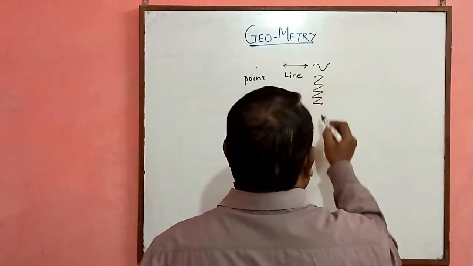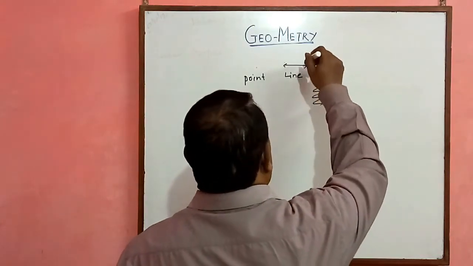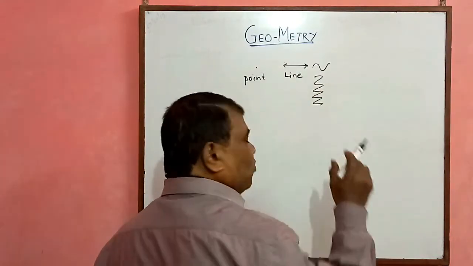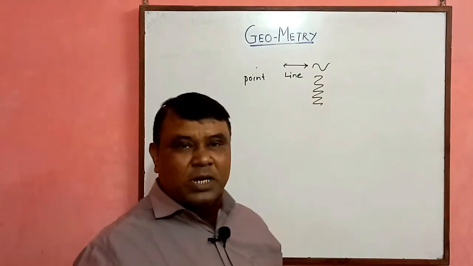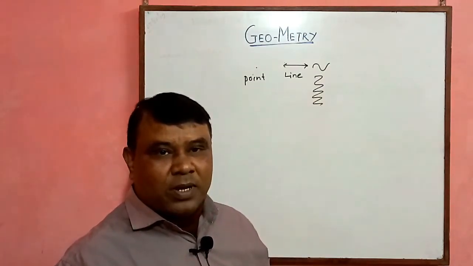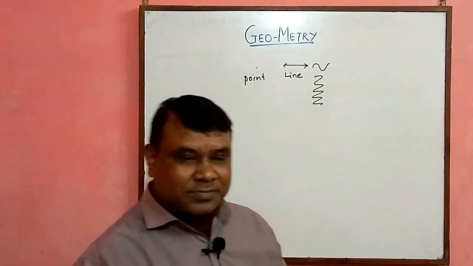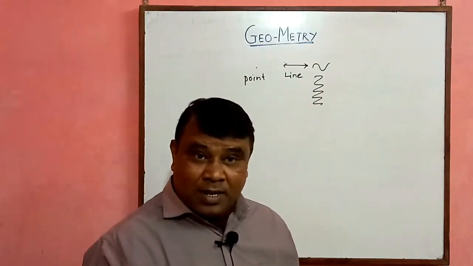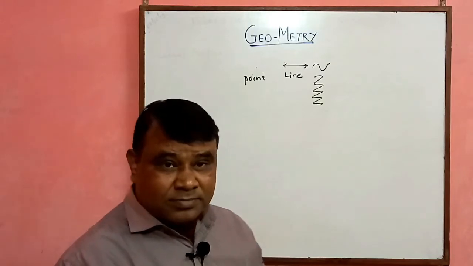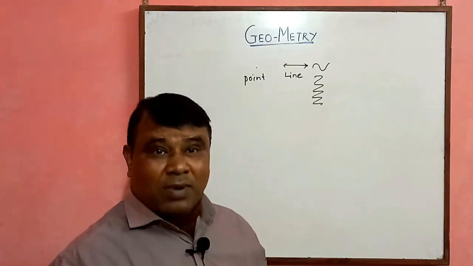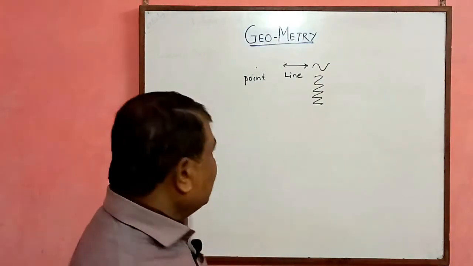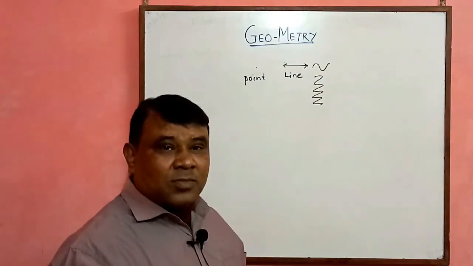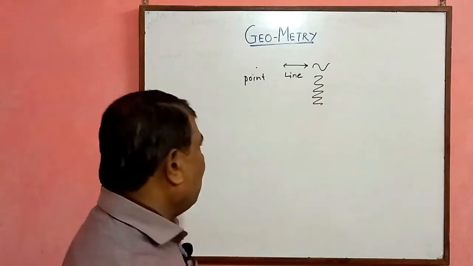These are all consist of many points, because if we take the location of points successively, it will be representing a line. It may be a straight line or a curved line or a zigzag line. We are concerned with a straight line.